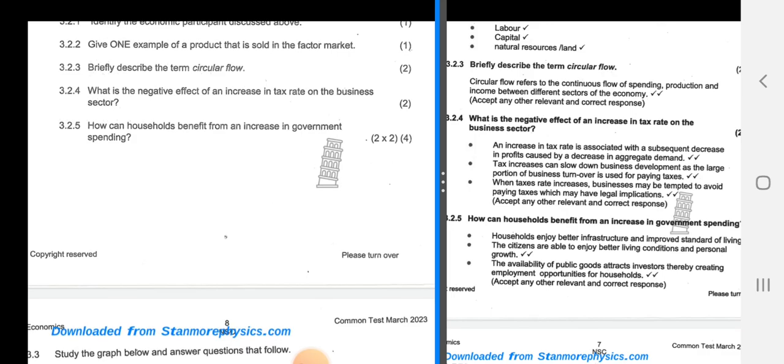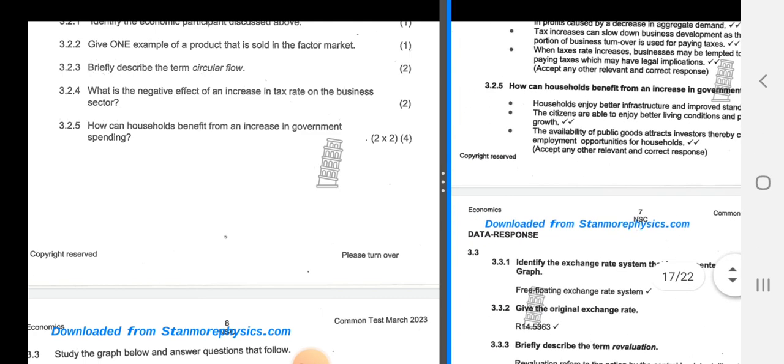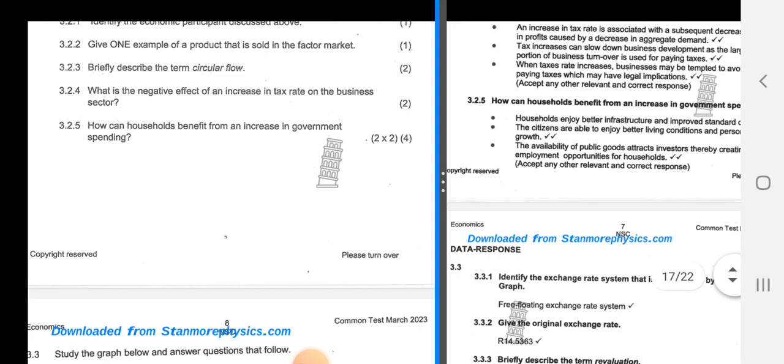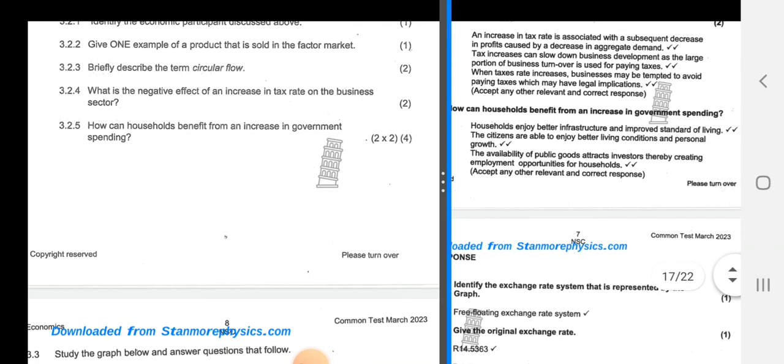How can households benefit from an increase in government spending? How can households benefit if the government decides to spend more money? Households enjoy better infrastructure and improved standard of living, because the government will decide that we are putting money into the economy to grow it by creating jobs.